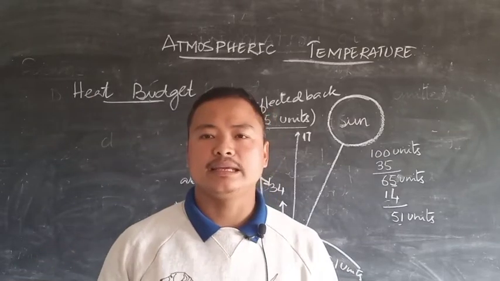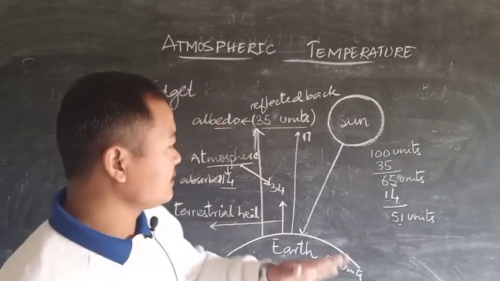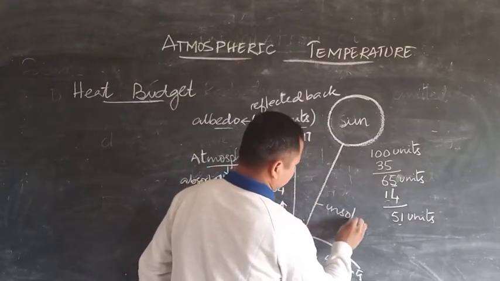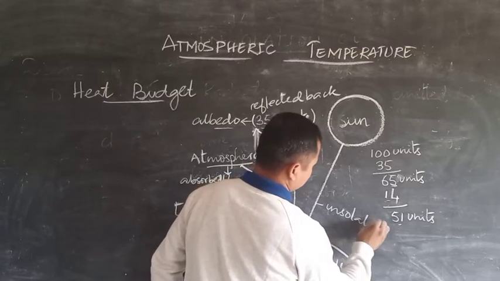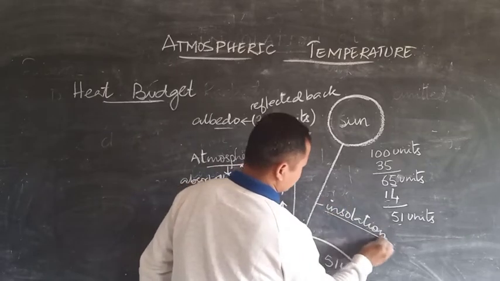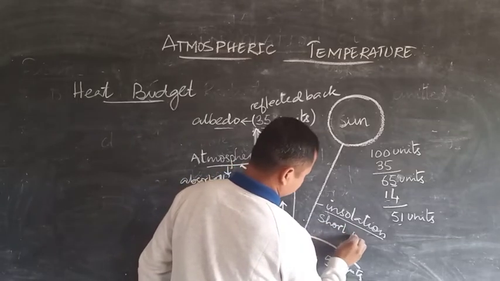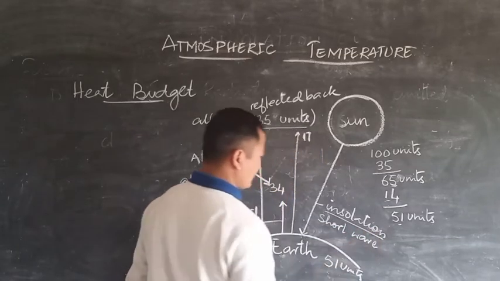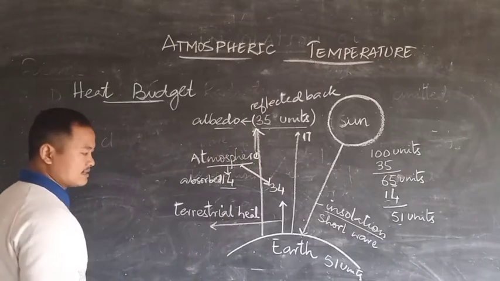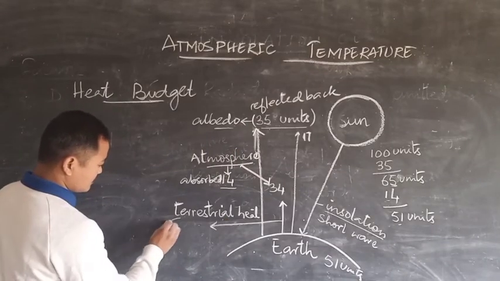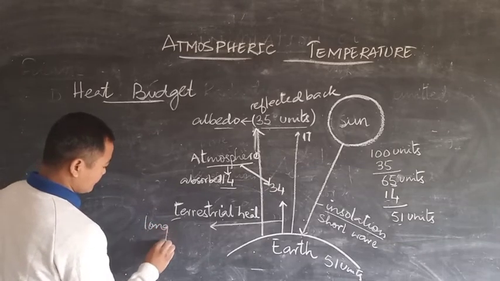Now in this heat budget, the incoming rays of the sun, what we call insolation, like I said earlier, is also known as short wave radiation. And the terrestrial heat that comes out of the earth's surface after heating the earth is known as long wave radiation.